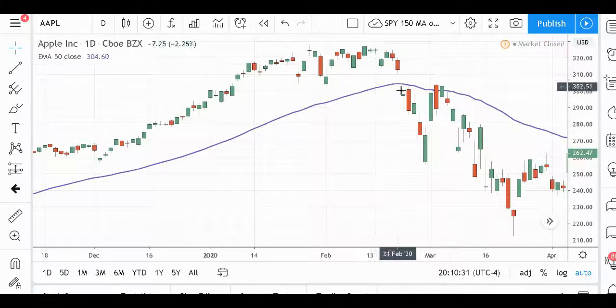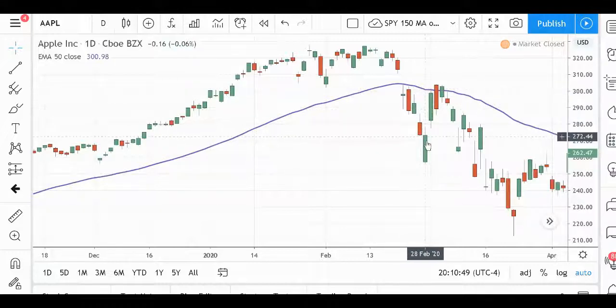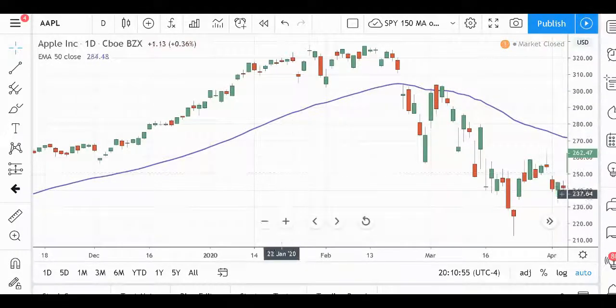And pretty soon afterwards, the candles snapped back to the line, to the 50-period moving average, okay? So if it gets really stretched above, okay? And also to the downside, look at this. When this candle's closing price was far below the line, it snapped back to the line. That's really interesting, okay?